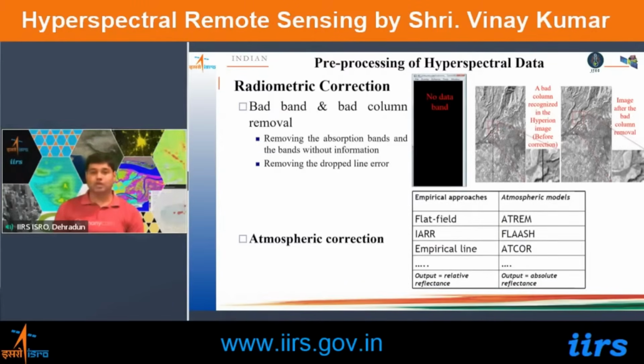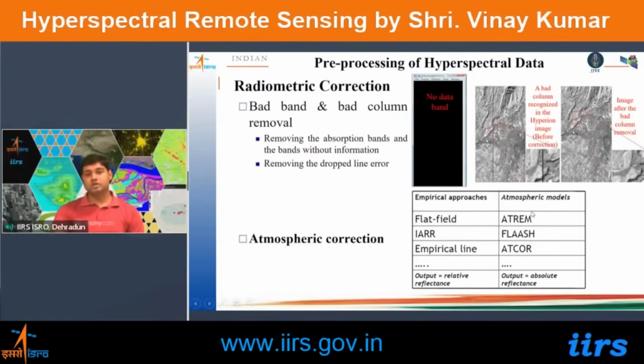Coming to absolute atmospheric models, in this case we require various information like atmospheric condition, date of acquisition and time of acquisition, the aerosol level, the water vapor condition, the temperature. There are various things we have to consider for converting to surface reflectance, like scene sensor geometry.